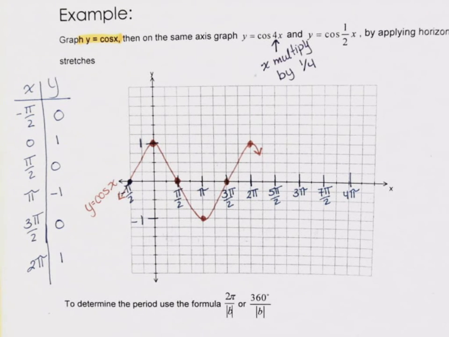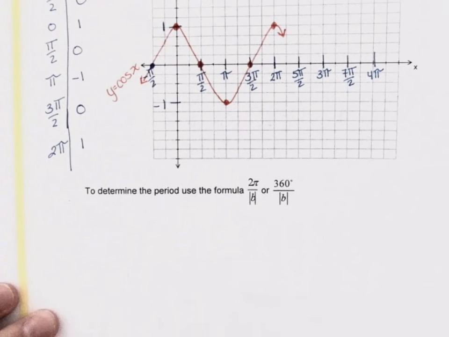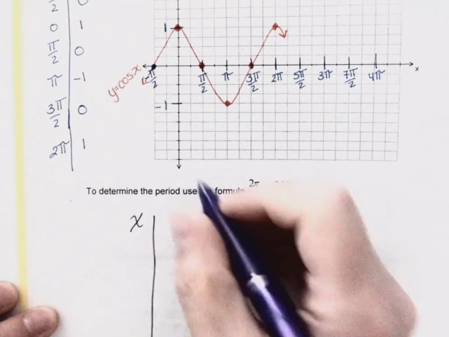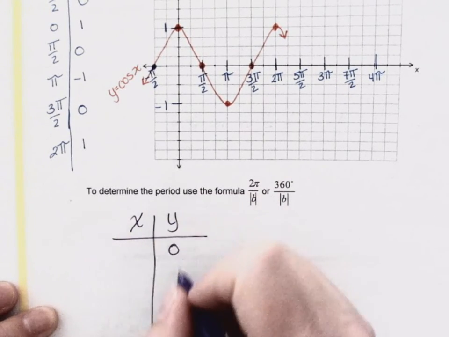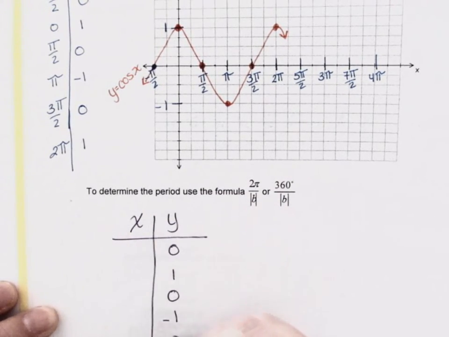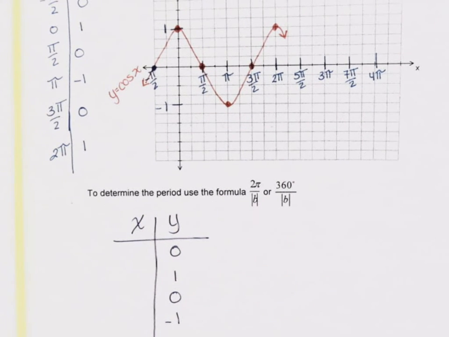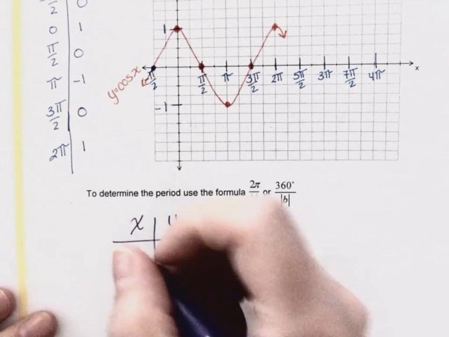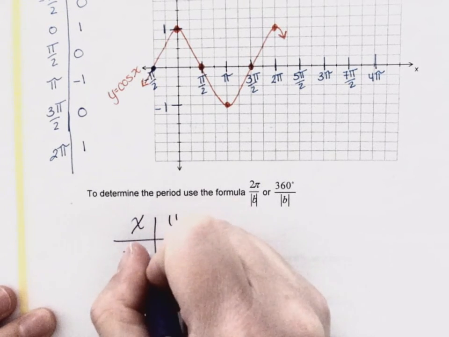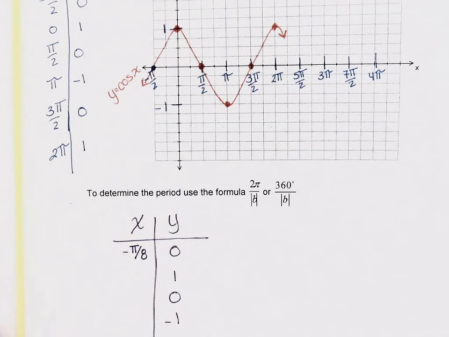Okay, guys. So here we go. All right. So I might need another table of values here. Because my y values aren't going to change, right? Okay, so negative pi over 2 times 1/4. Negative pi over 8. No, you're going to be fine, people. Okay, 0 times 1 over 4.